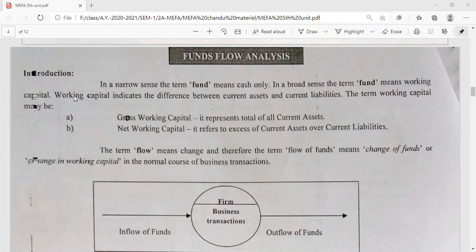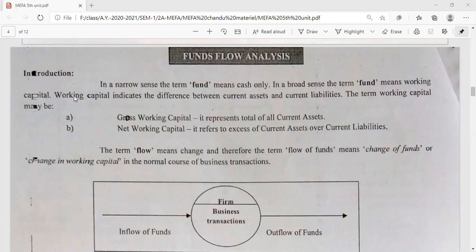Assets means properties, which is a plus for you. And current liabilities is nothing but the things you have to pay. That means you might have got some loan, like that.